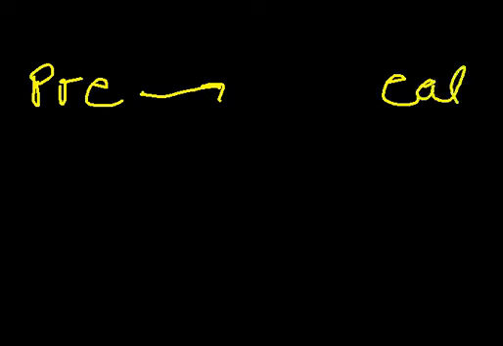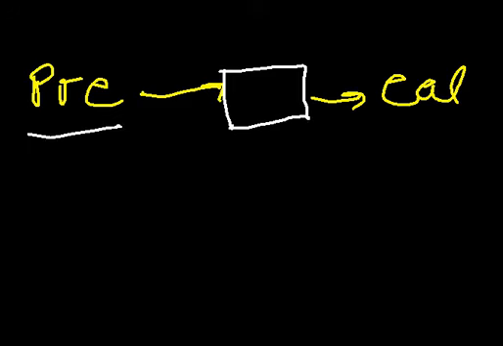Let's say this is precalculus mathematics, and we are to move to calculus mathematics. There is a bridge that connects the two. How should we transform from precalculus to calculus? How should we move from static mathematics to dynamic mathematics?